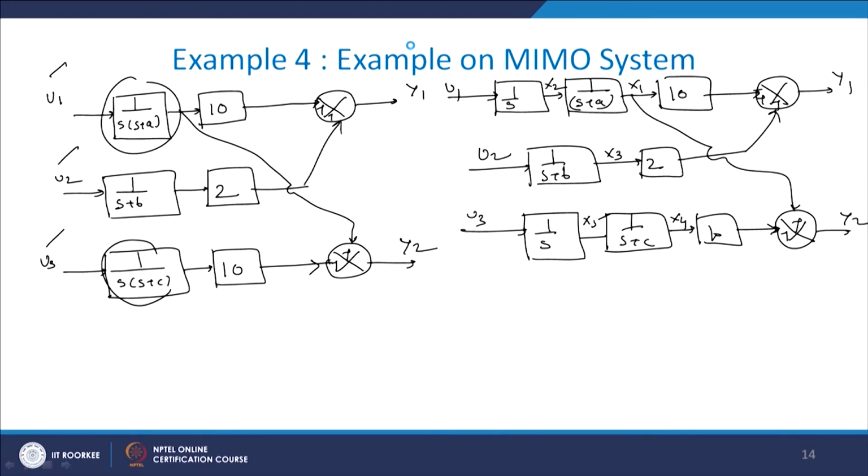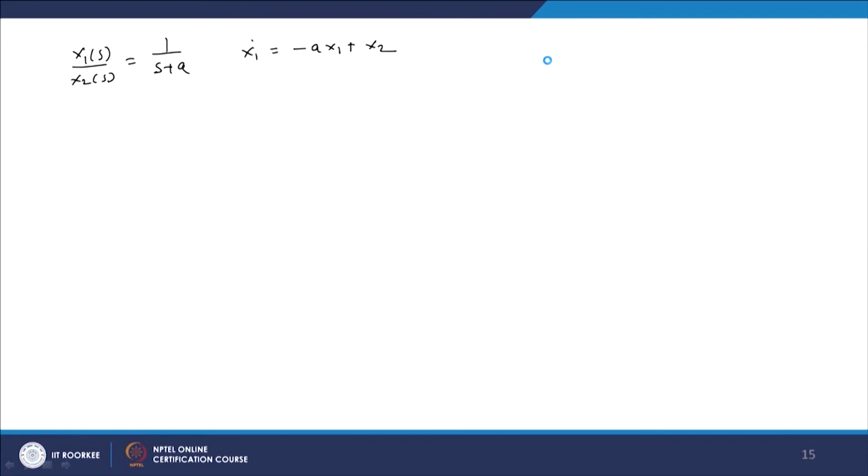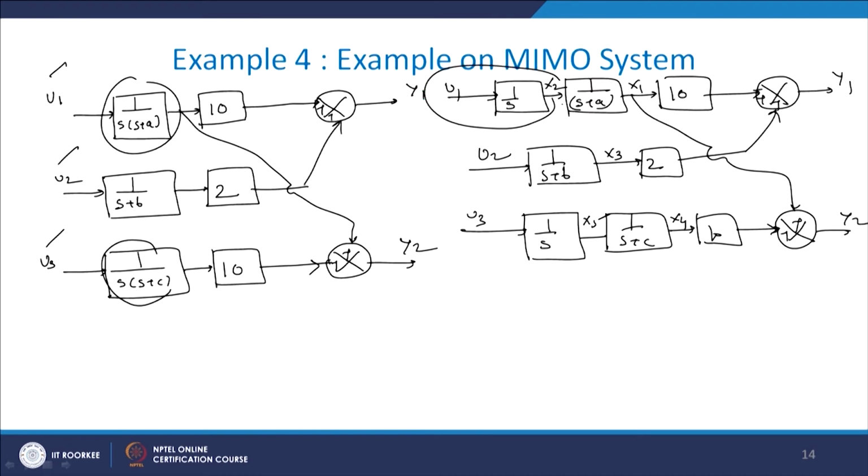Now we have seen this block. Now coming to another block, that is this part. This part is x2(s) divided by u1(s) equal to 1 by s. So you cross multiply it, we will get x2 dot equal to u1. You can say this is equation number 1, and I can take this as equation number 2. So this portion has been completed. Now coming to this portion.